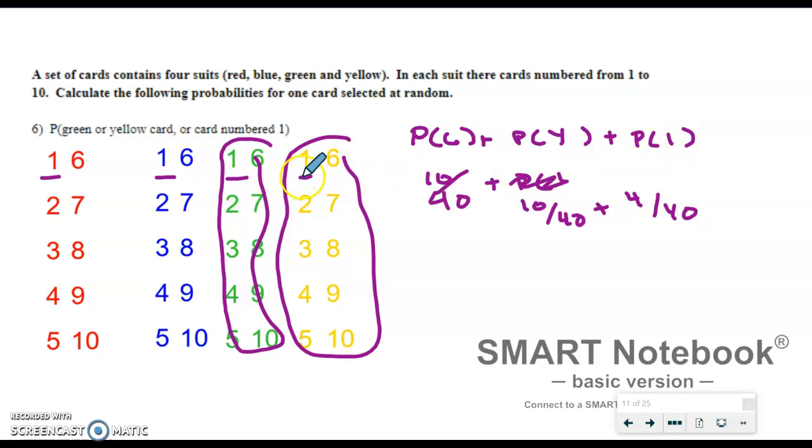If I look at it, it happens twice. So we're going to subtract the intersection between them. What I end up with is 22 out of 40, which is 55%.